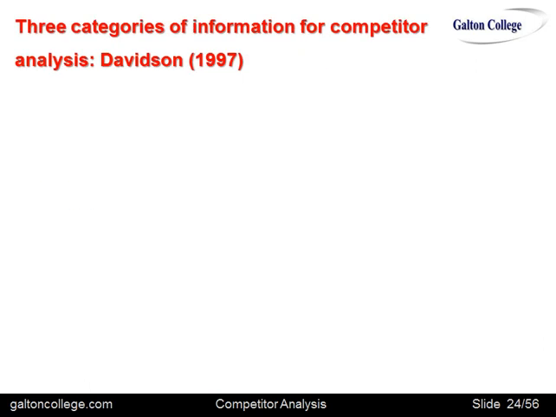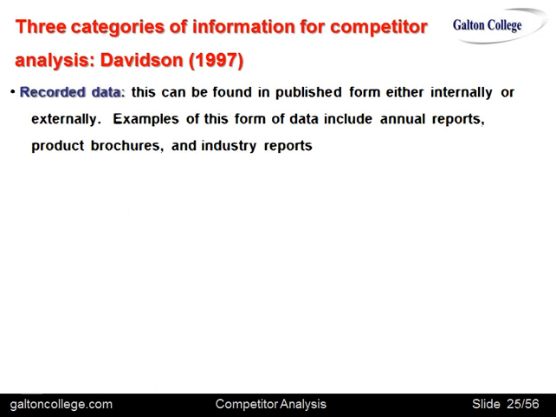There are three categories of information that help to get competitor analysis started. And these are, first of all, recorded data. Now, the recorded data is what's published. It's published internally within the business, or it's published externally, perhaps in trade journals or in accounts or in trade associations.